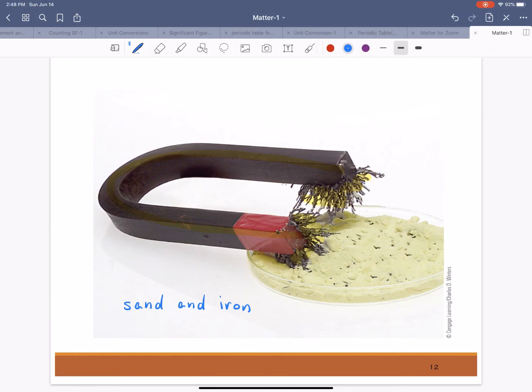Or you're not familiar maybe with the periodic table and the elements yet, but this could be sulfur and iron. But the point is, there's more than one kind of thing. We definitely have a mixture. And the function of the magnet is to separate the iron out. That's a physical separation.